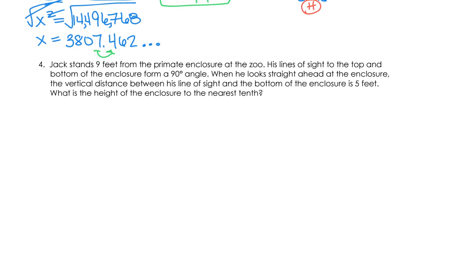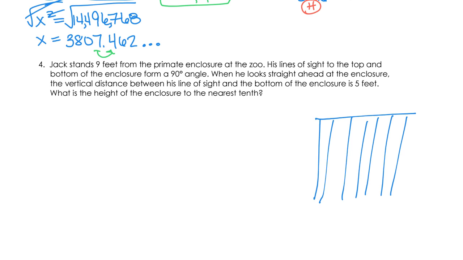Number 4. It says that Jack stands 9 feet from the primate enclosure at a zoo. So we got a cage here, and a primate inside. And his lines of sight, oh, I forgot Jack. There is Jack. And he's standing 9 feet from the enclosure.